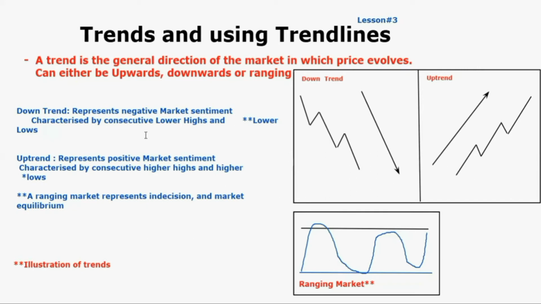So in an uptrend, generally, buyers are more than sellers. So in an uptrend, over the long run, demand exceeds supply.